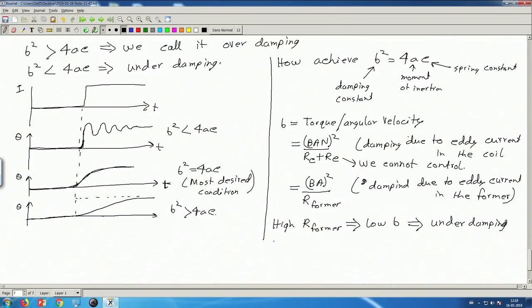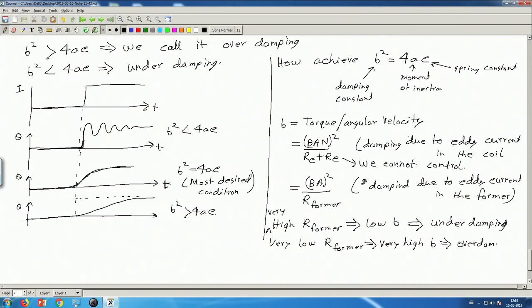Now if we choose very low R former, then we will have b very high, implying over damping.